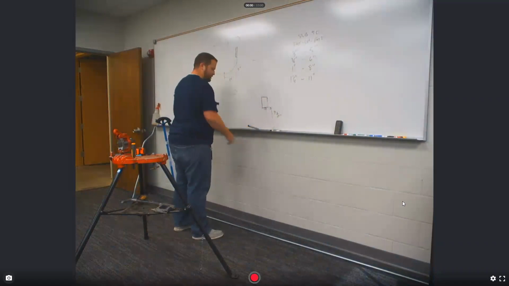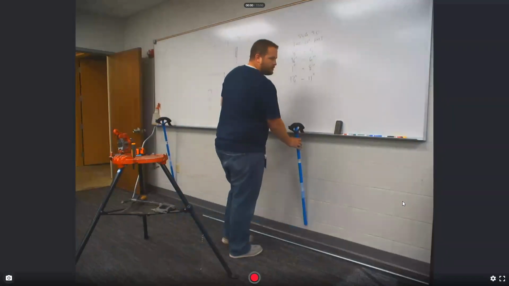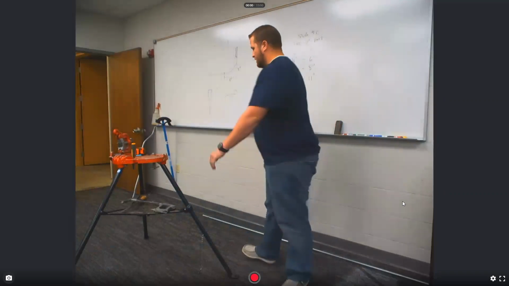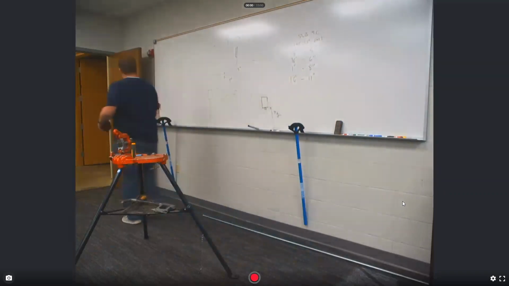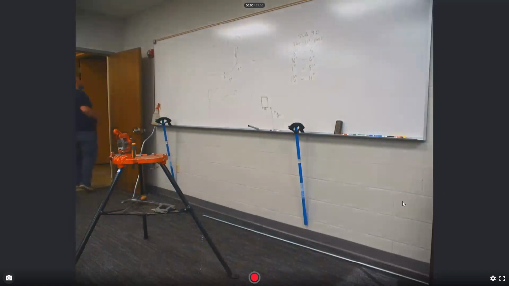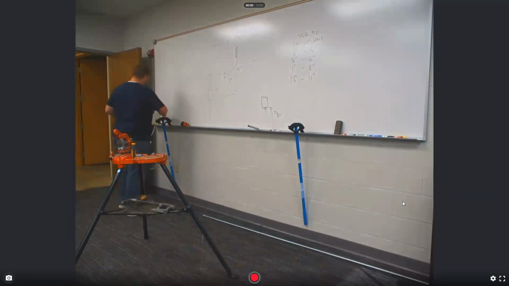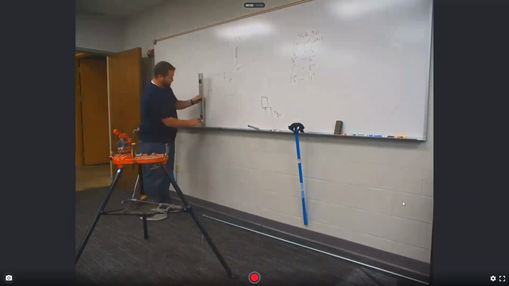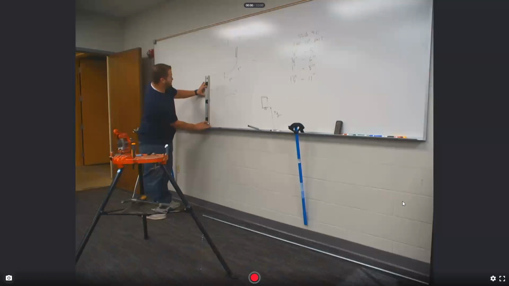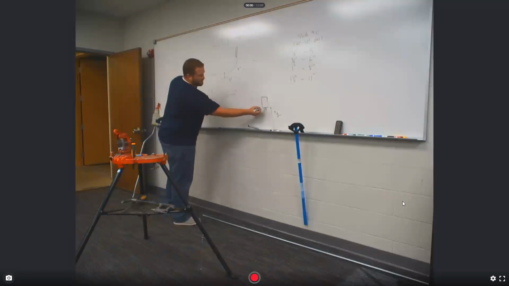So you can take that off of there. We'll do some measuring. Might as well show you the proper way to do it. So I need to measure from that line over to the right edge of this coupling.